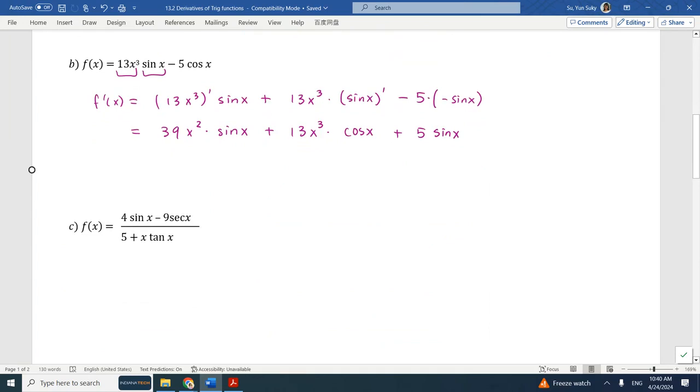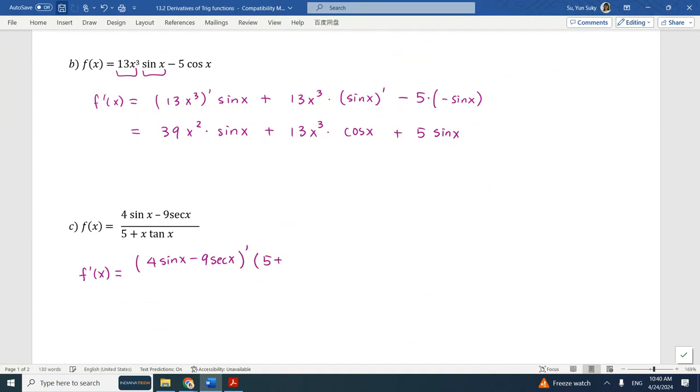So part C. Okay, part C. This is a quotient, right? So we use the quotient rule again. So quotient rule. U prime V, where U is the top, the numerator. Prime times V. And then what?